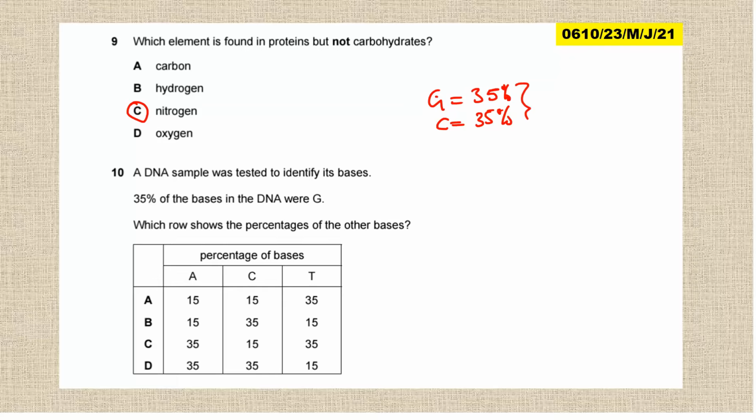These two make up 70%, so what remains, 30%, is shared between A and T. Which row shows the percentage of the other bases? So we have A, C, T: this is 35, 15, 15, because we share this into 2. So the answer is B.